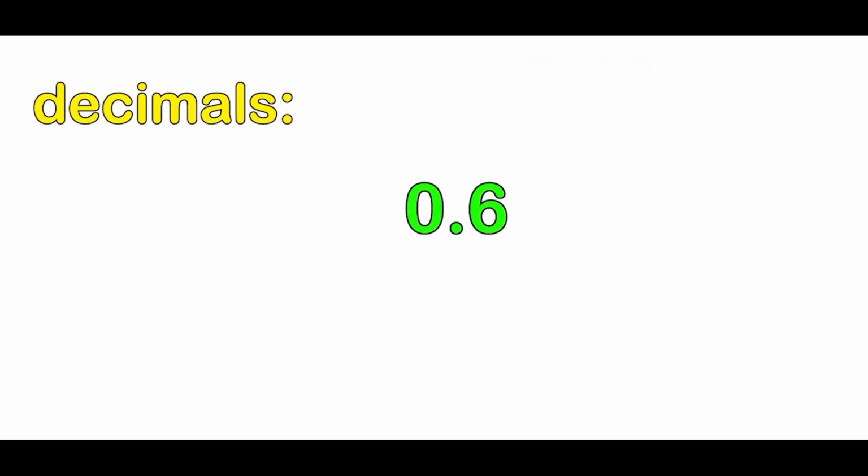Now let's move on to decimals. For example, this is how we read it: 0.6. Or we could read it as we read fractions, 6/10. Also, this is less common. Sometimes we don't say 0 and we say .6.